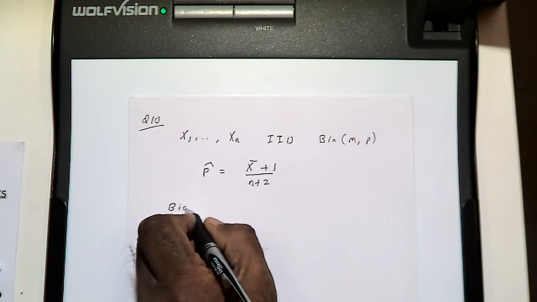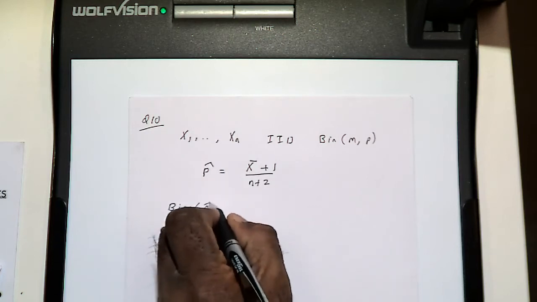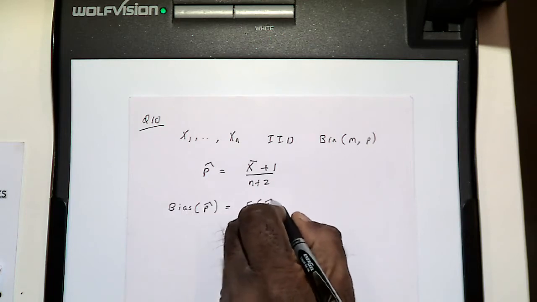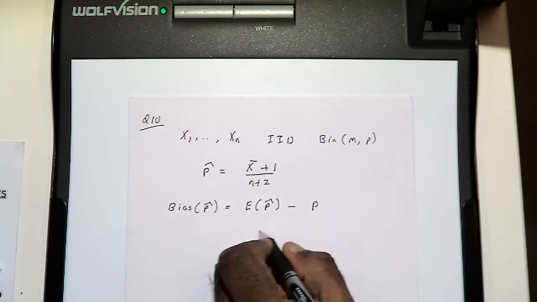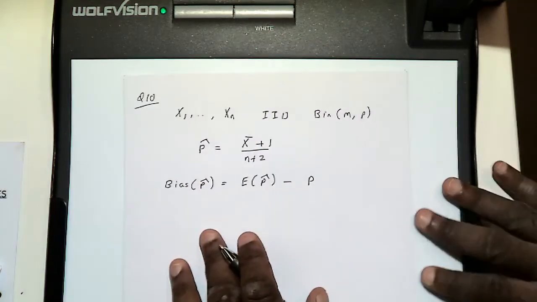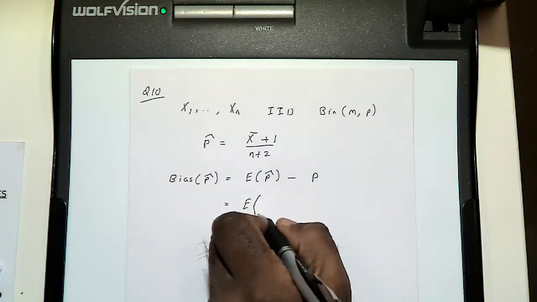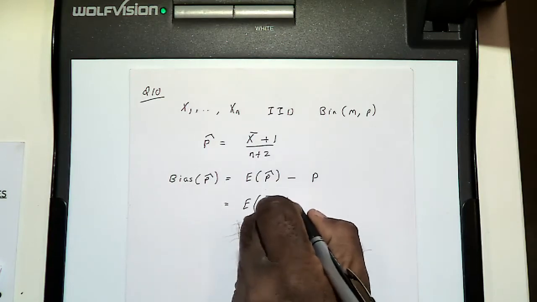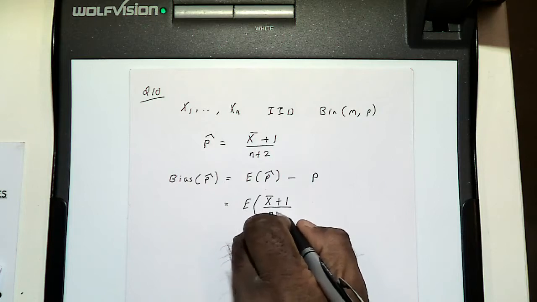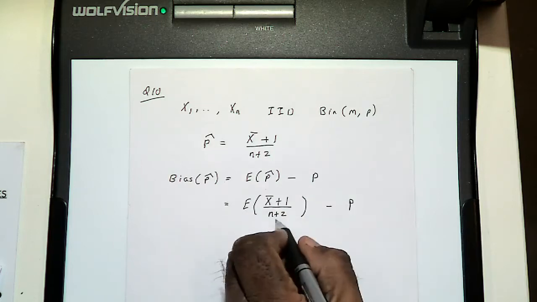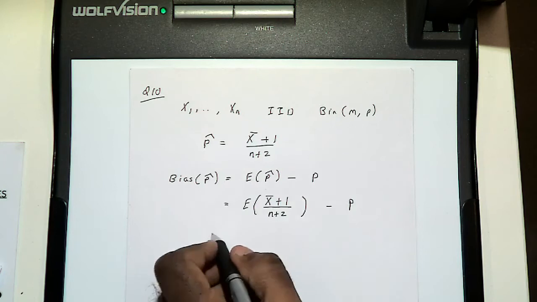So let's try the bias first. This is the definition of bias. I'm sure all of you know this. So this is the expectation of x bar plus 1 divided by n plus 2, take away p. Now n plus 2 is a constant, so you can pull that outside.